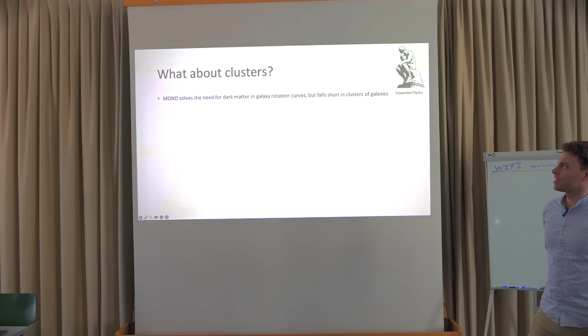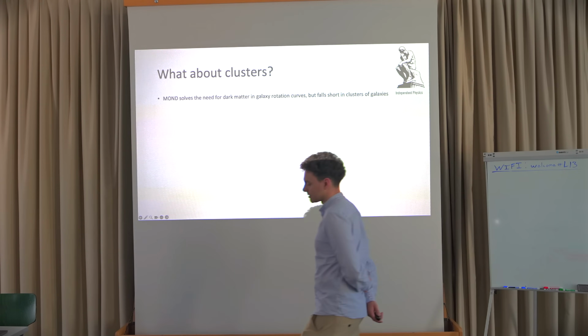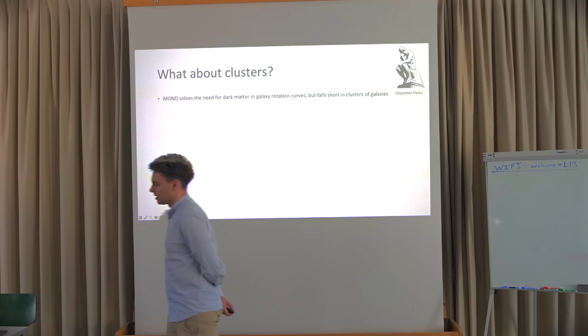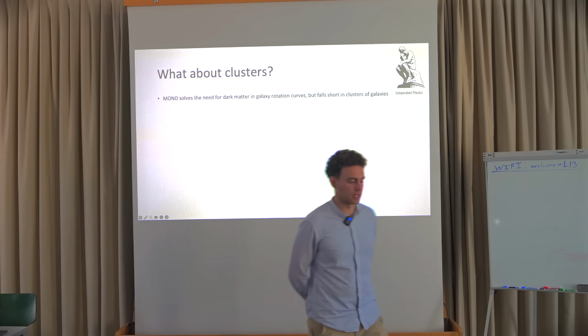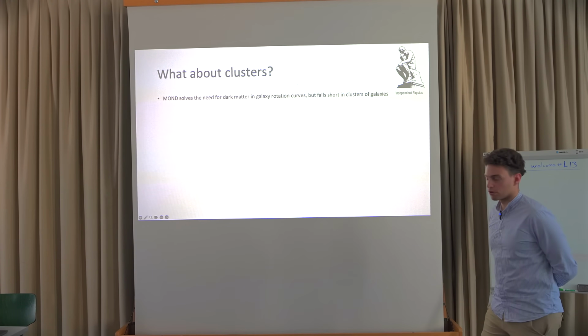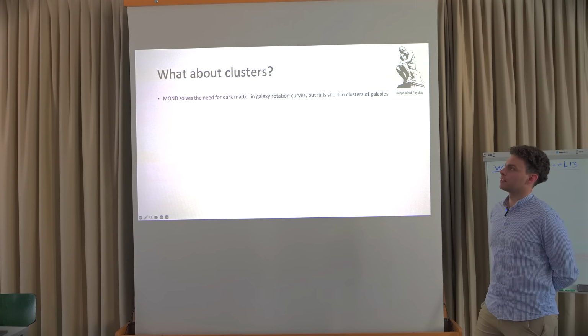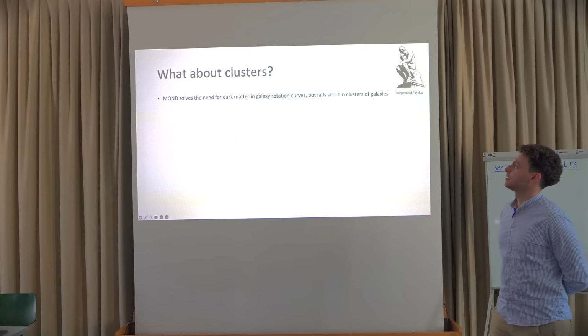And now, because I have time, I will talk a little bit about clusters. These are galaxy clusters, not globular clusters, because one of the main critics against MOND is that it doesn't solve the need for dark matter in clusters. It does completely solve the need of dark matter in galaxies, but in clusters it falls short.